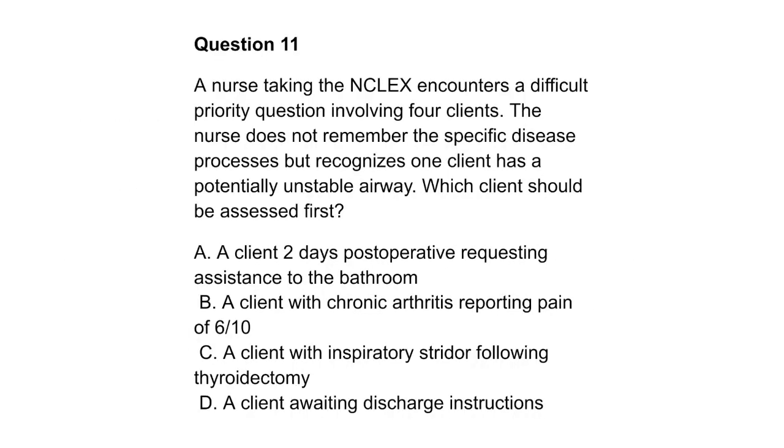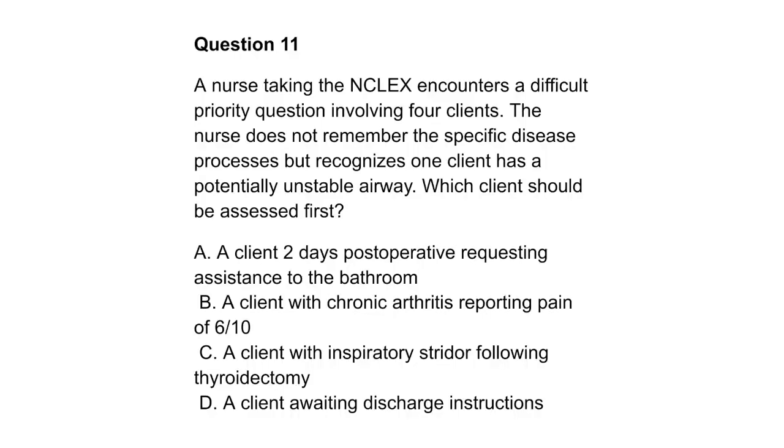Question 11. A nurse taking the NCLEX encounters a difficult priority question involving 4 clients. The nurse does not remember the specific disease processes, but recognizes one client has a potentially unstable airway. Which client should be assessed first? A. A client 2 days postoperative requesting assistance to the bathroom. B. A client with chronic arthritis reporting pain of 6/10.